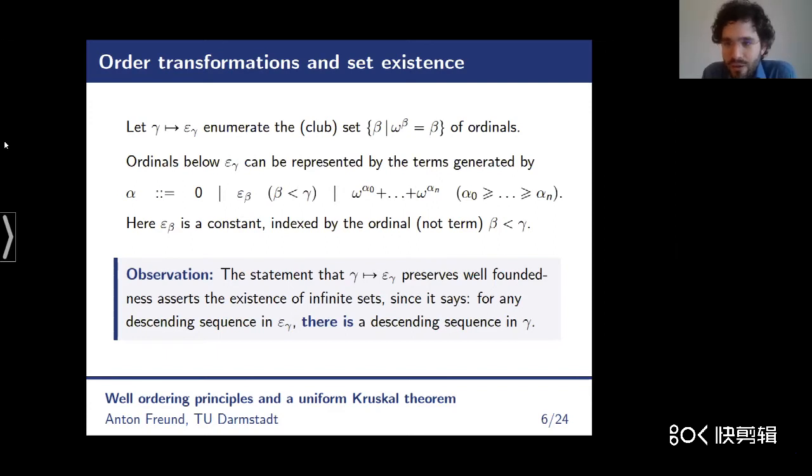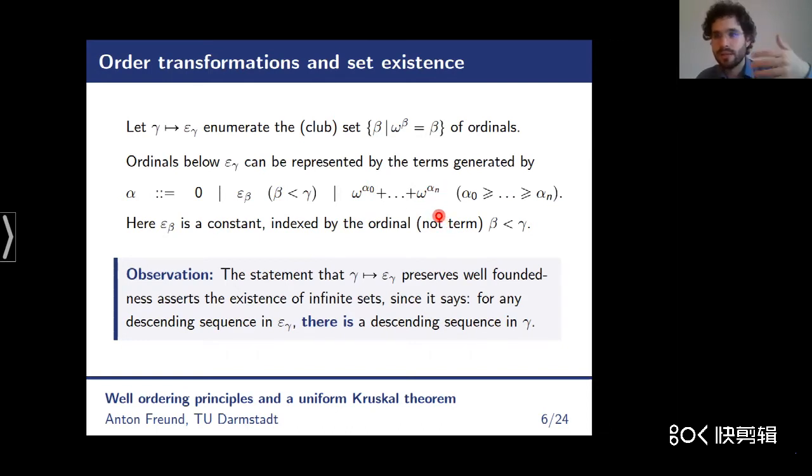And now, not unlike what we saw before for epsilon 0, ordinals below an arbitrary fixed point epsilon gamma can be represented by terms as well. And the only change is that we throw in these new terms epsilon beta for beta below gamma. So in order to represent the gamma-th fixed point epsilon gamma, we throw in all the previous fixed points. And one important thing to note is that, as before, these exponents here, they are terms.